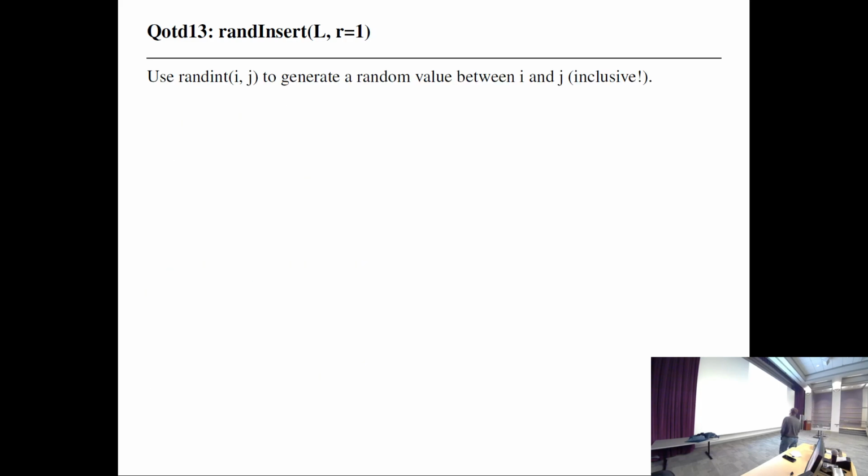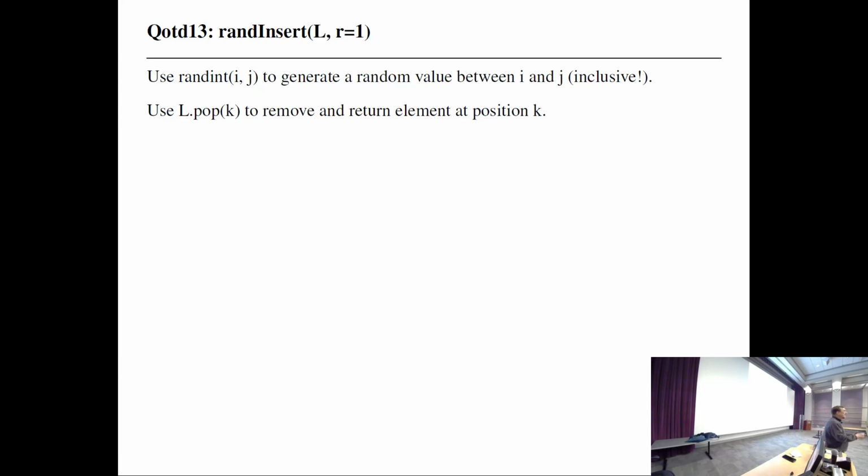So using randint to generate a random index, I can use the pop method to remove the kth element destructively, modifying L, remove the kth element, and return whatever the value of that element is. So this pop method returns a value, which is the element that I've just removed.